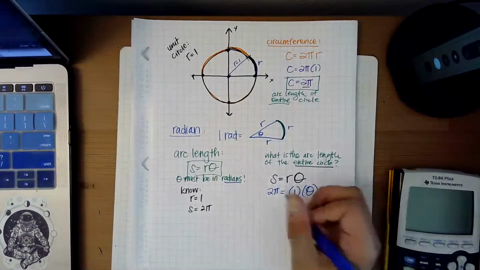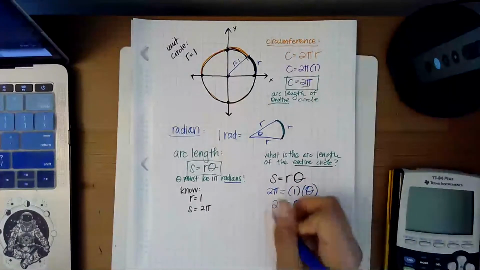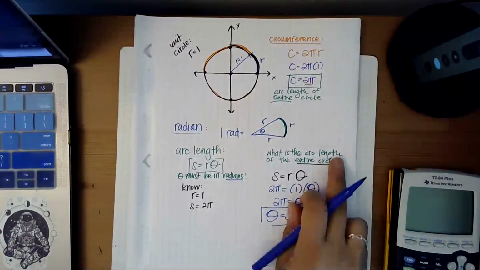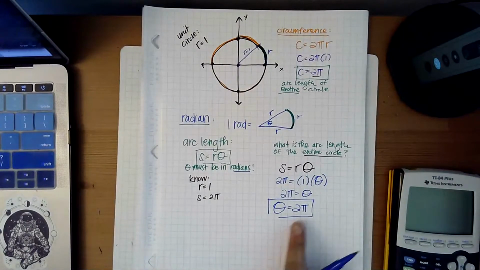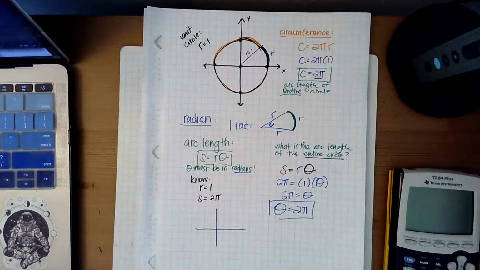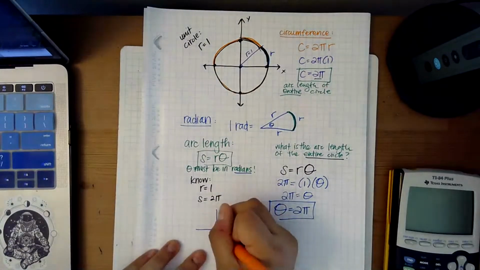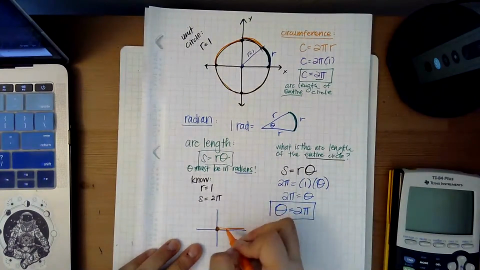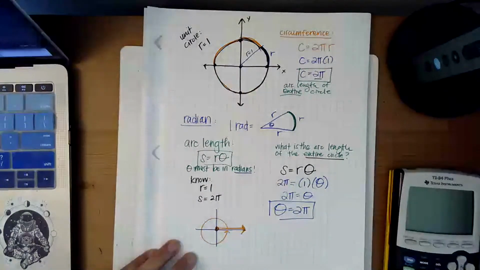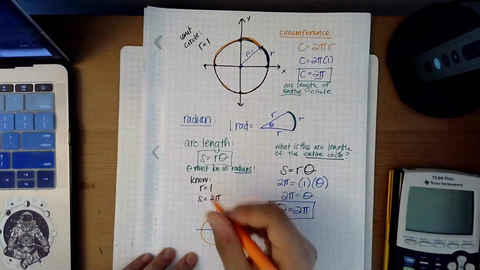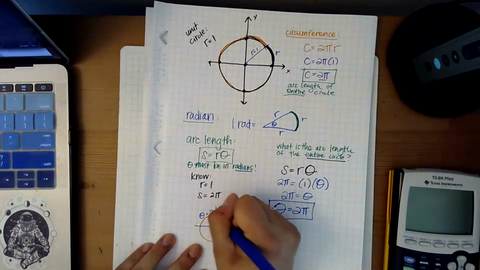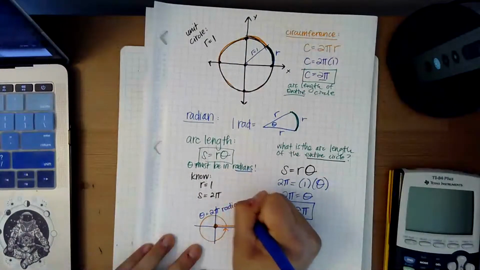Theta times r: 2 pi equals theta. So I recognize that my theta is 2 pi when I'm looking at the arc length of the entire circle, which means that one entire revolution, this is my initial ray, one entire revolution, and my terminal ray is right there as well, is equivalent to 2 pi radians.